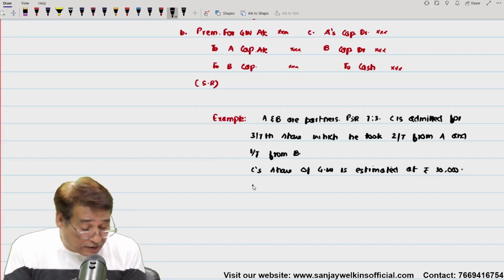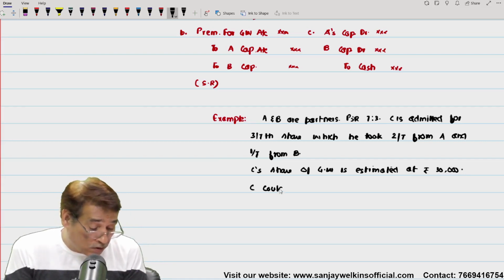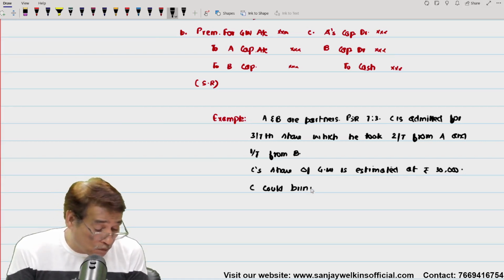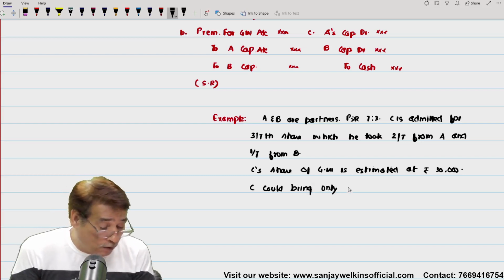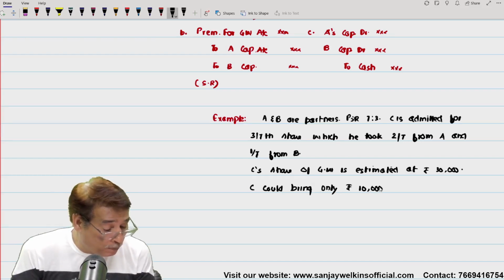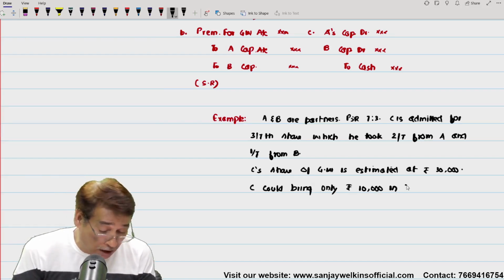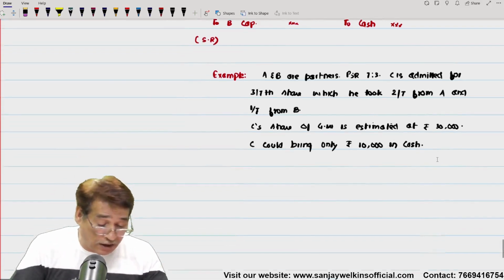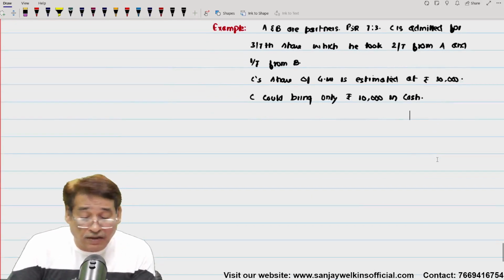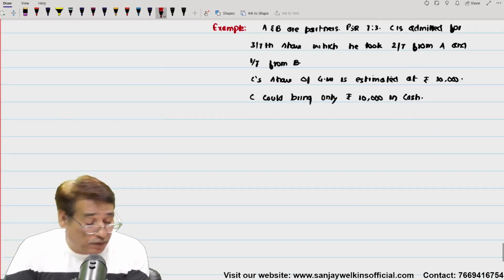And let us say it is written that C could bring only rupees 10,000 in cash. His share of goodwill is estimated at rupees 30,000, but he could bring only 10,000 in cash. So in this case, how are we going to deal with it?